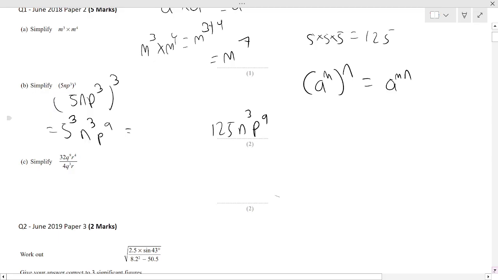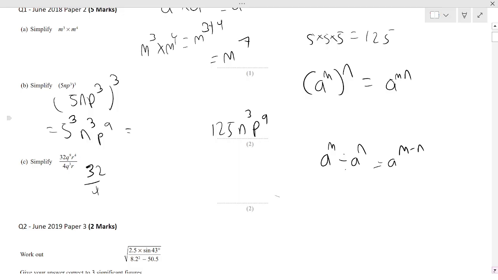Again, with the division power law, if you're dividing the same base with different powers, instead of adding them like with multiplying, you subtract them. So it's a to the m minus n. With dividing expressions like this, do it bit by bit. First of all, we have 32 over 4, which is 8.